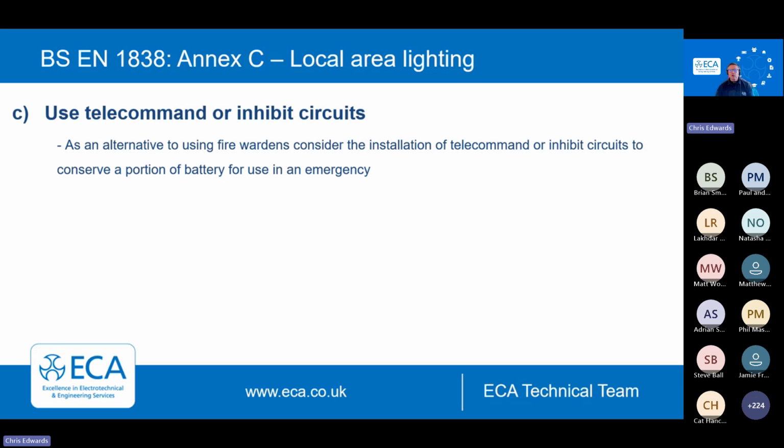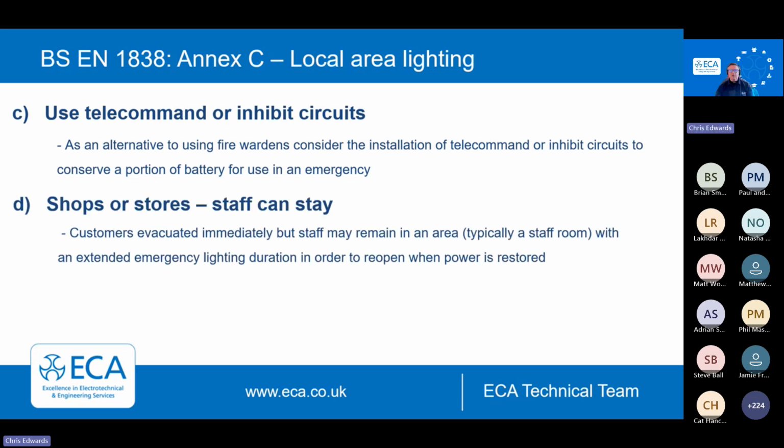If there's nobody in the building, for instance, you could have the ability to turn off your emergency lighting, as it were. It's that sort of thing. It's just trying to have some plan in place whereby you know that you've got, where you need it, some additional capacity in those areas.